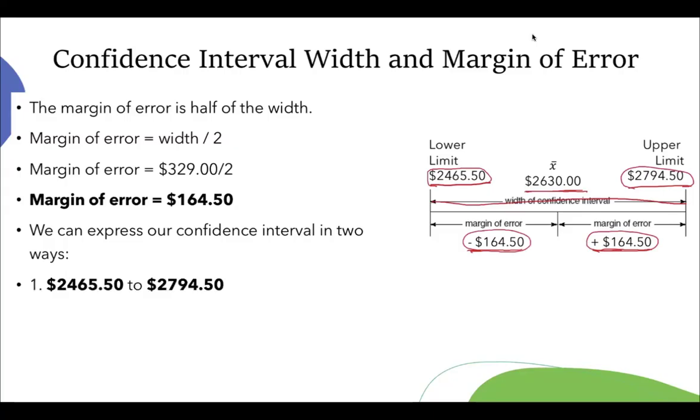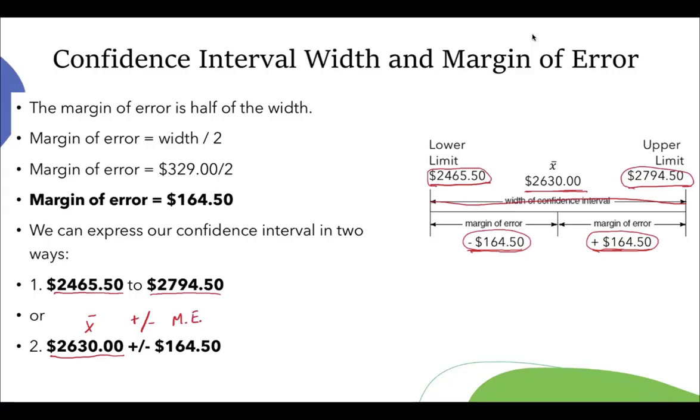We can say that lower limit to upper limit is our confidence interval, or we can also use the notation of the point estimate plus or minus the margin of error. This is the point estimate, x bar, and this is the margin of error, plus or minus, and I'm just going to abbreviate it with ME, margin of error.